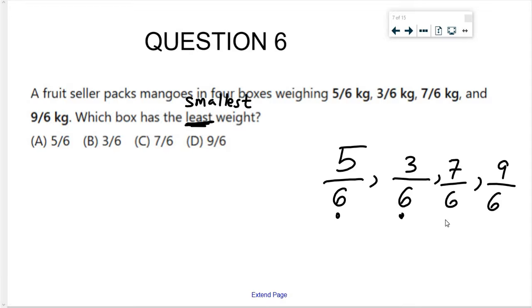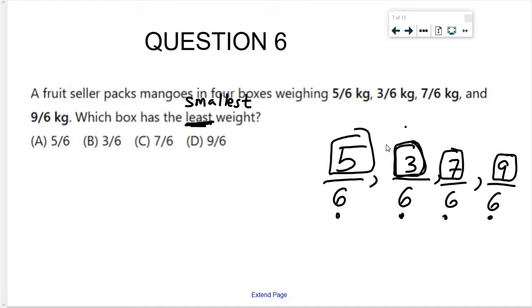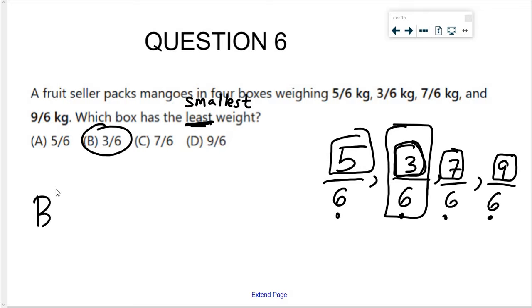So since denominators are the same, look at the numerator and choose which numerator is the smallest. The smallest numerator is 3, and that indicates that the least or smallest fraction is 3 upon 6, which is option B. That is the least weight.